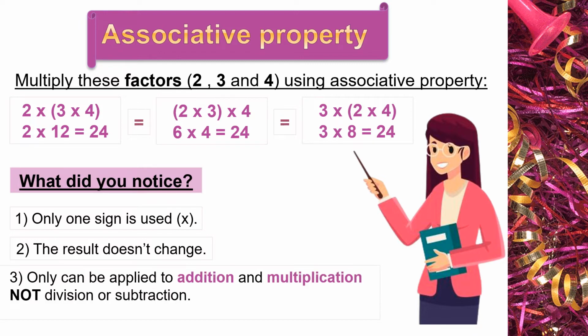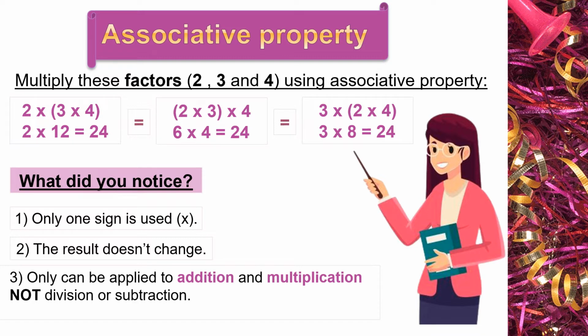Number 3, I can only use or apply this associative property to addition and multiplication, and I can't use it with division or subtraction. Why? Why can't I use associative property in subtraction and division? Because here we are changing the order of numbers.